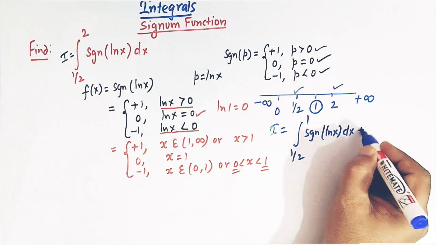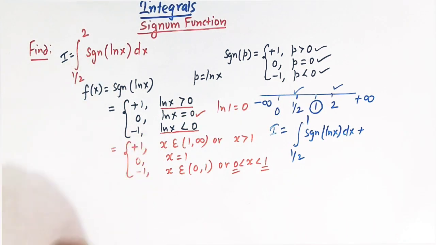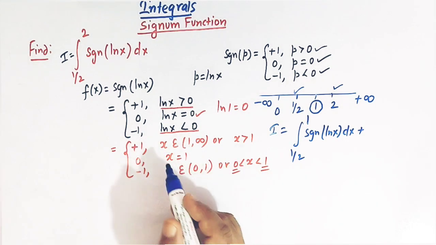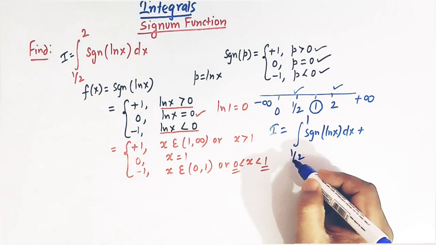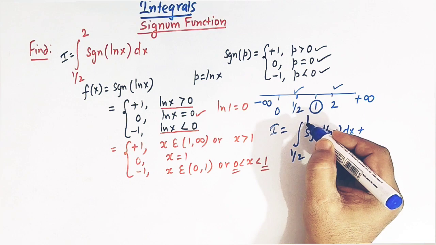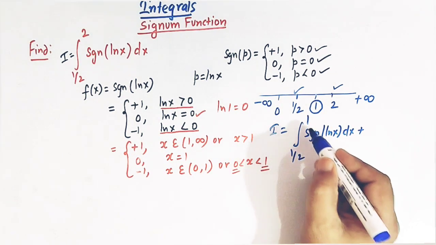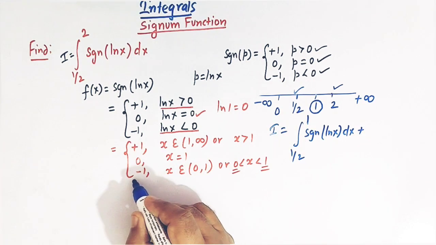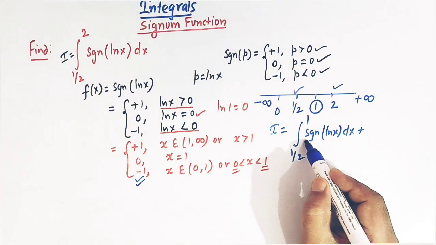The important thing is that we have to split this integral as a sum of two integrals, keeping in mind the definition of signum of log of x. When we go from half to 1, it means all the values of x lie between half and 1. In that case, signum of log of x is minus 1.